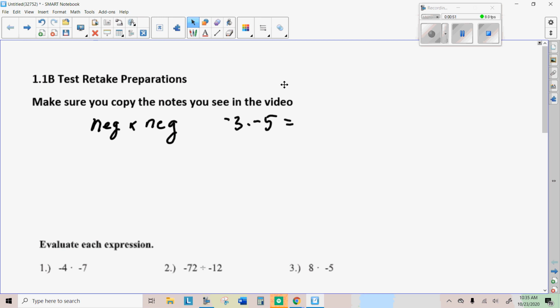And that kind of makes sense because remember, if you do the opposite of a negative, if you have two negatives, that's a positive. So really this is the same as 3 times 5, and so you get positive 15. So let's just remember a negative times a negative is positive.